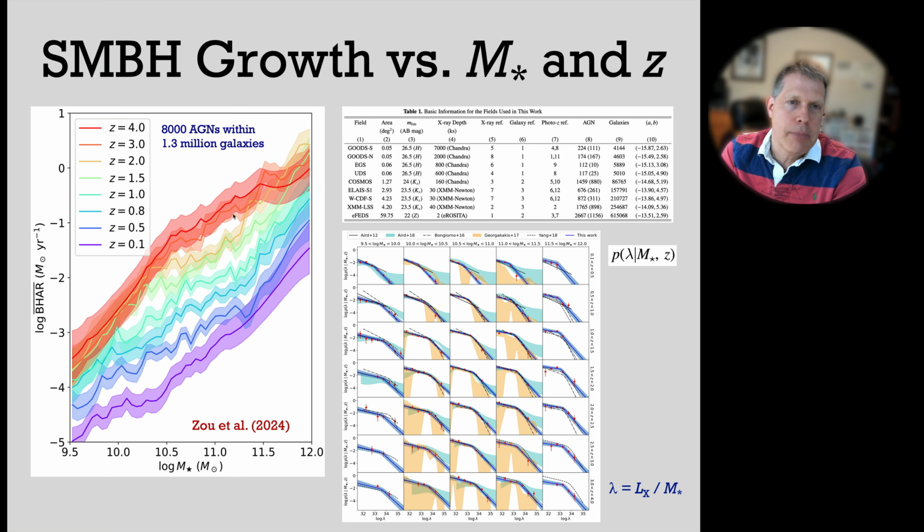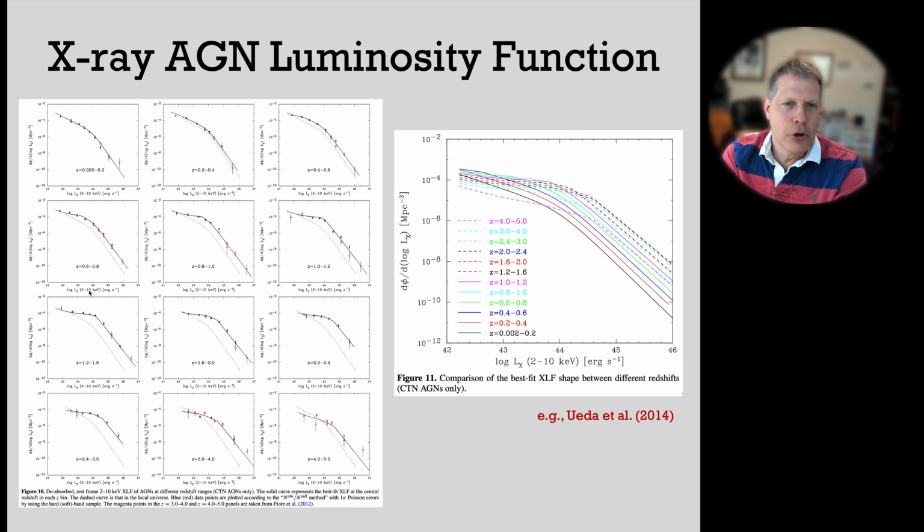These measurements have been made specifically from 8,000 AGNs living within 1.3 million galaxies, as measured in a variety of very high-quality surveys that compose one of these wedding cake survey designs, as I talked about in a lecture on surveys. And then this plot here shows kind of the analog of the X-ray luminosity function.